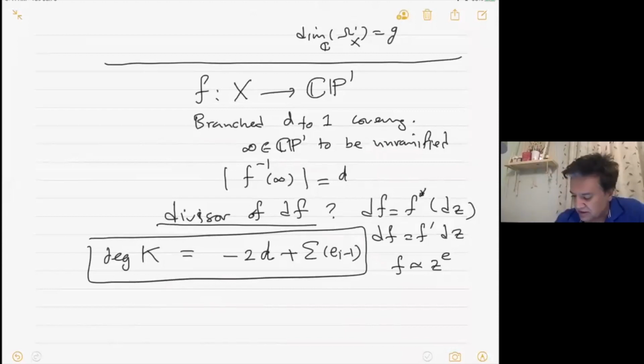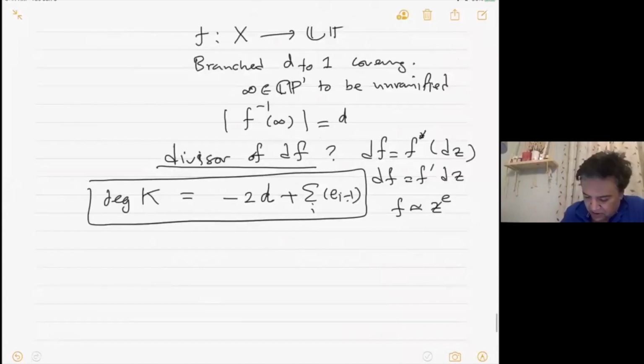Of course, if you take the derivative of f, you get z to the power e minus 1. So therefore, the order of vanishing of this function is going to be the ramification index minus 1. So now I need to find this sum of e_i minus 1. And this is where the Hurwitz formula comes into play.